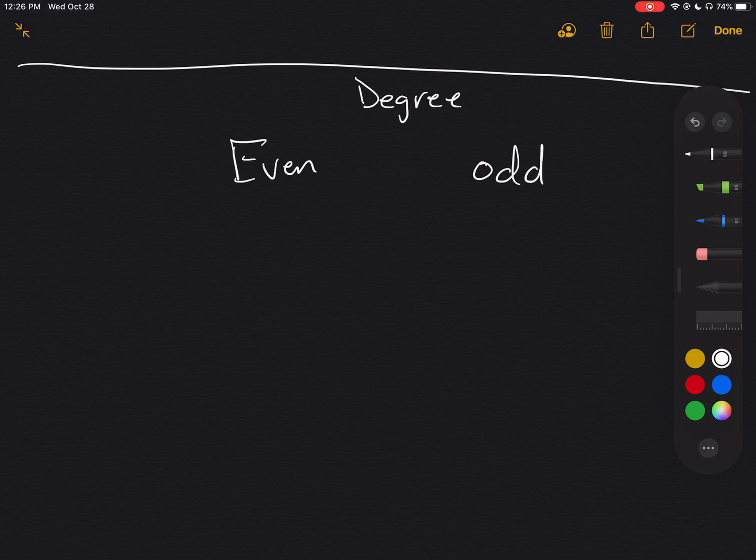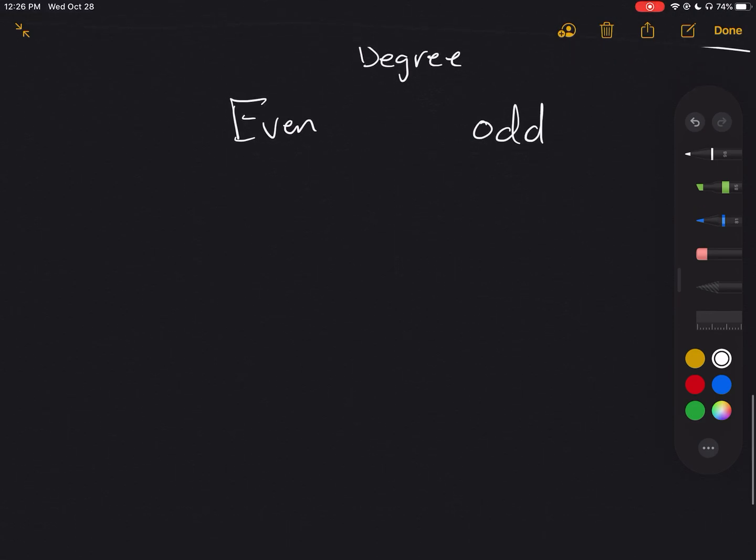Okay, so there's a nice little chart you can make yourself if your memory's not great, if you want to have something to reference. It's sort of like, I don't know if you guys have taken biology, a Punnett square. And so on the top, I'm going to do degree, we'll do even and odd, right?